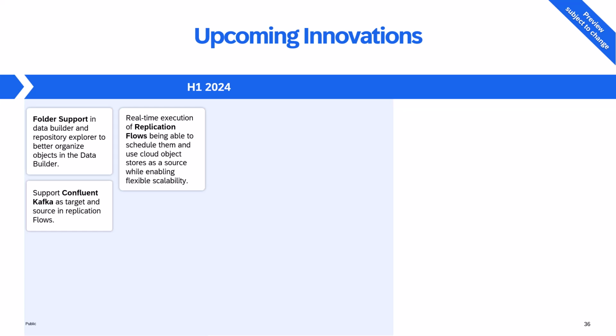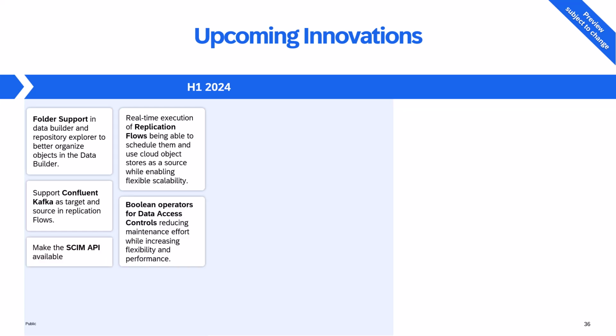Then supporting Confluent Kafka. I talked about Kafka as a target earlier, and so we plan on supporting specifically Confluent Kafka as a target and a source in replication flow. Also on the same topic with replication flow, supporting real-time execution and being able to schedule replication flows, also enabling flexible scalability.